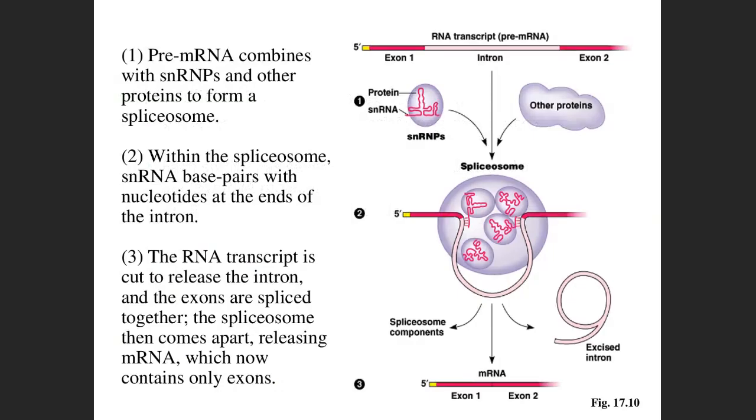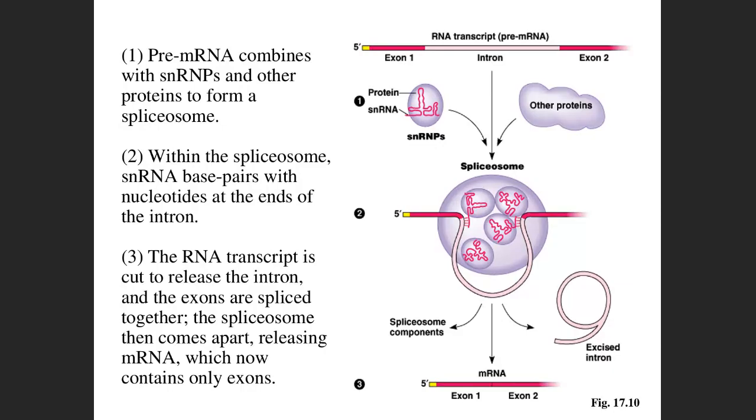So the spliceosome will remove the intron from the messenger RNA transcript in order to produce the final functional messenger RNA, which is all exon. It's all coding information. But as I said, sometimes the cell can splice out the introns differently and produce different messenger RNA transcripts which code for different proteins.